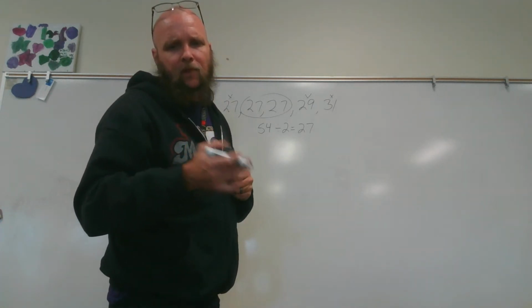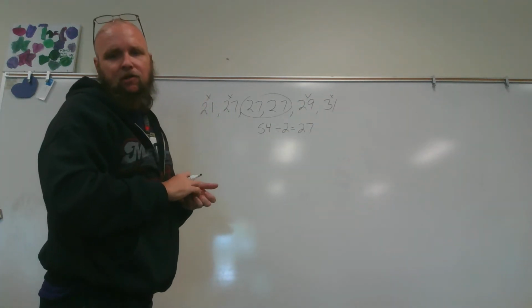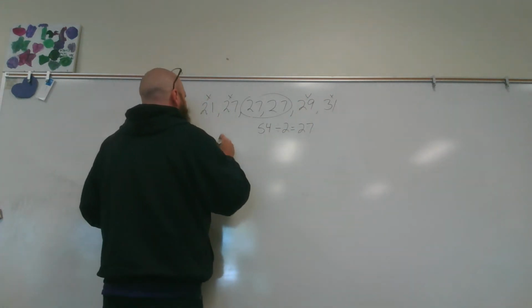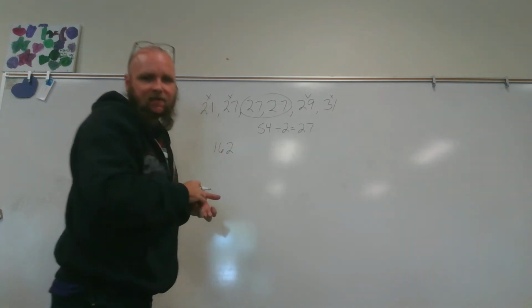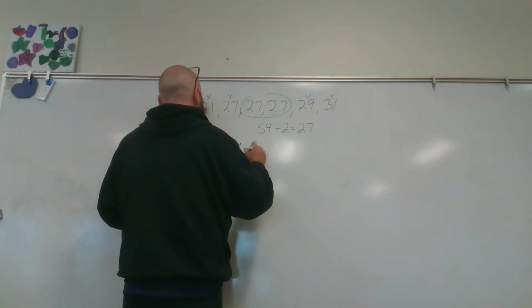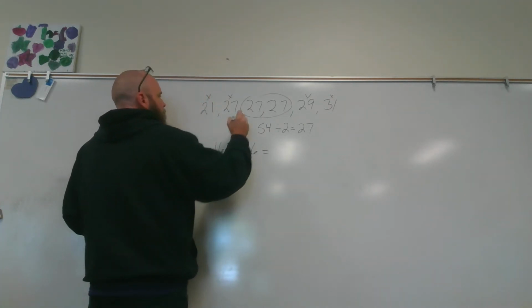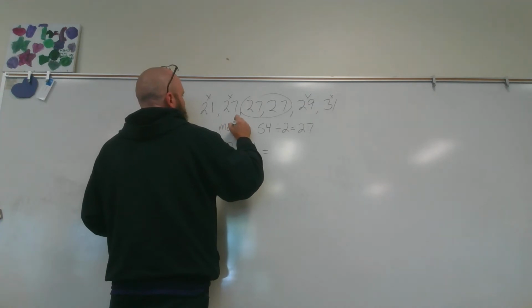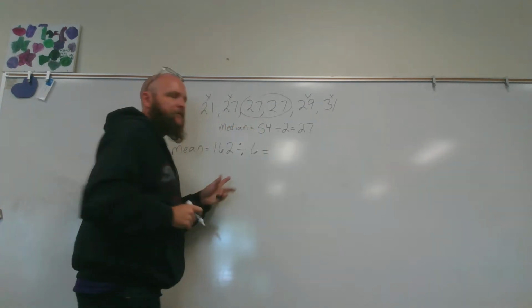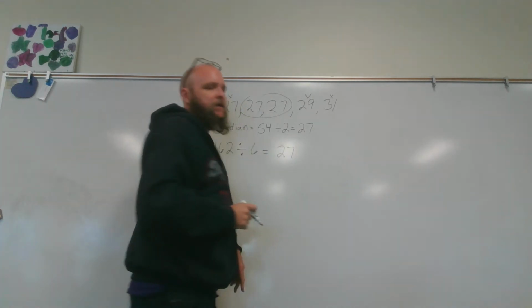Second part, we have to find the mean, which means we'd add all of these numbers up, and these 6 numbers add up to 162. We divide that by 6, and it also equals 27.